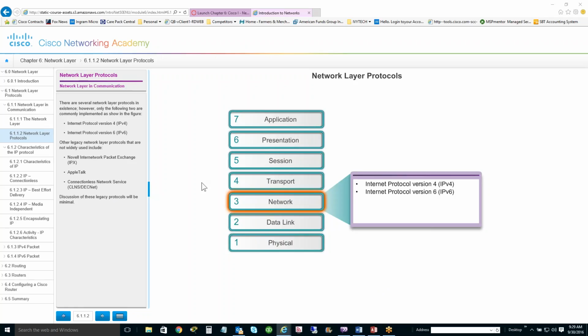So as I said earlier, what happens is that the data is packaged into a segment at the transport layer, and then is encapsulated into what is a packet in the network layer. So the packet is the PDU that we're going to be talking about, or the IP packet in the network layer.